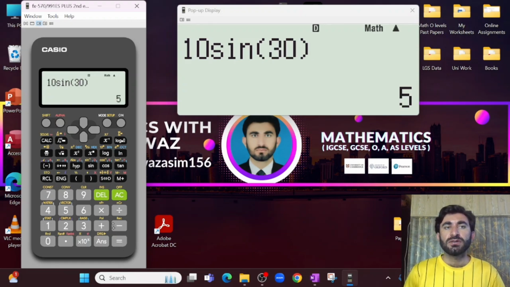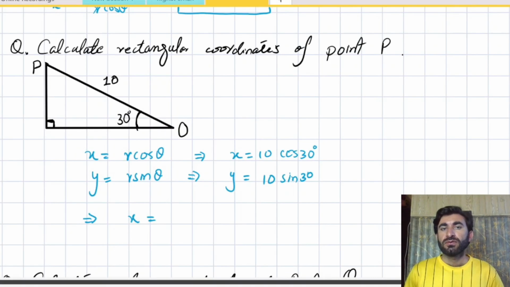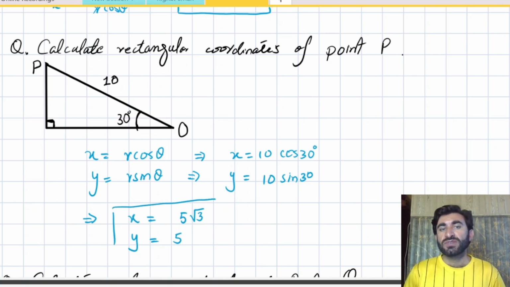So it becomes 5. So these are the two values we were looking for. The value of x is 5 times square root of 3, and value of y is 5. So this was the first example in which we calculated the rectangular coordinates using the polar coordinates.